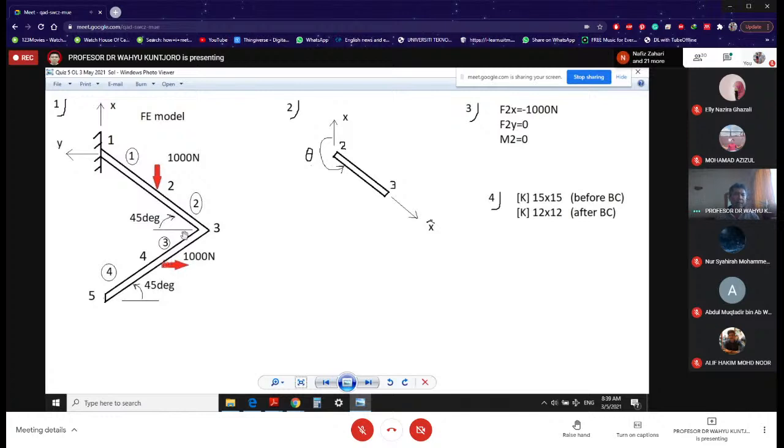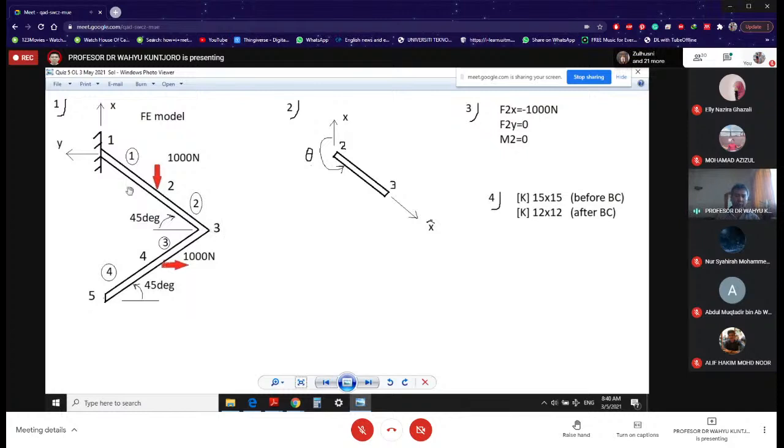And when you have a support, you will have a node. That means you have a node over here, that's node number 1. When you are at the end of your structure, that's a node over here, node number 5. And when the component is changing direction, that is a junction, so you will have a node over here.